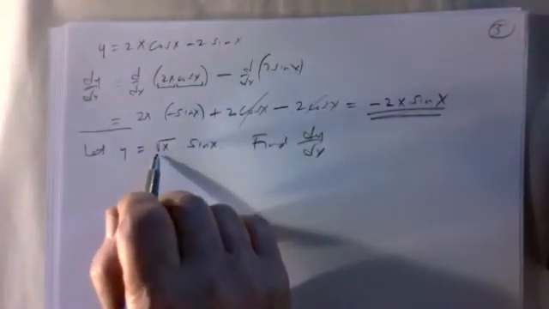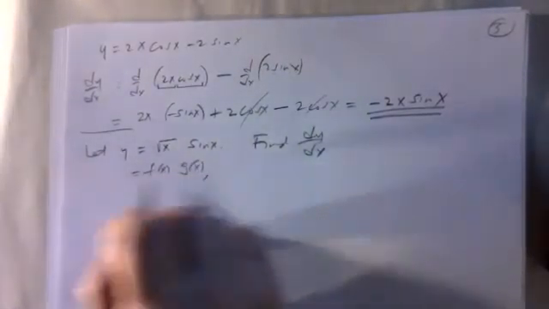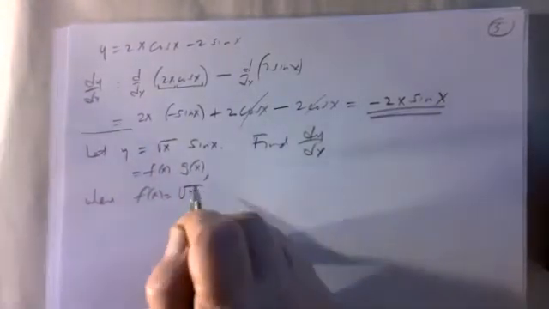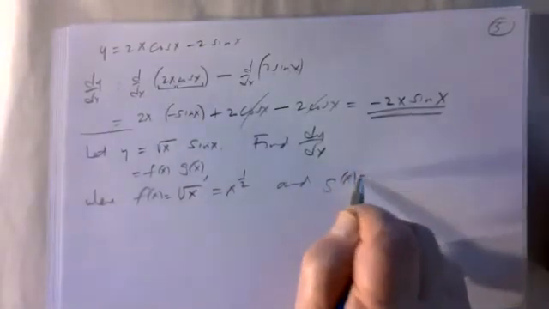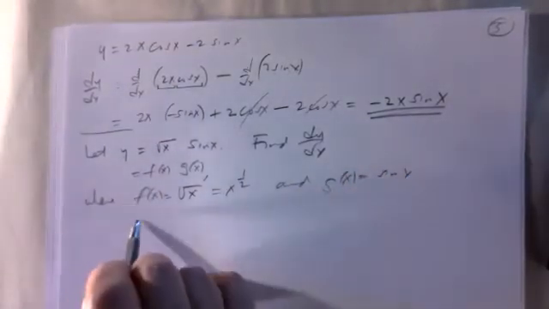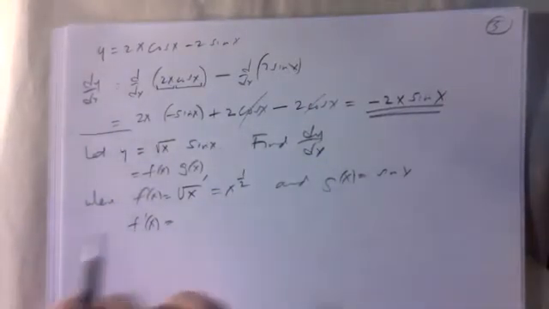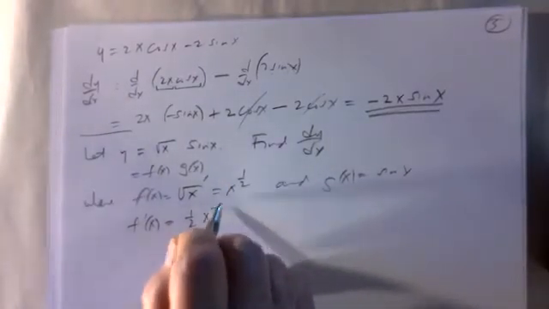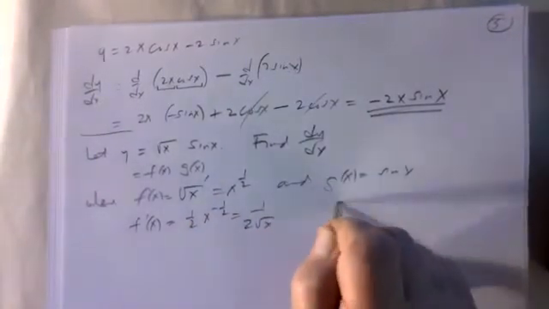Let's see. So this is a product of two functions. You can think of this as f of x times g of x, where f of x is the square root of x, which is like x to the power 1/2, and g of x is sine x. So the derivative of the square root of x is 1/2 x to the minus 1/2, or 1 over 2 times the square root of x.